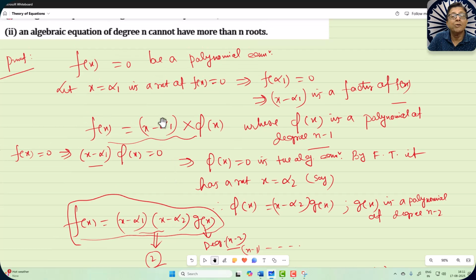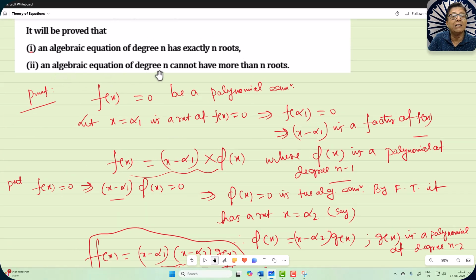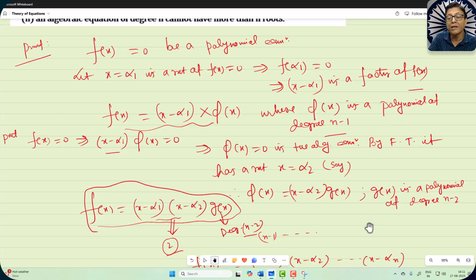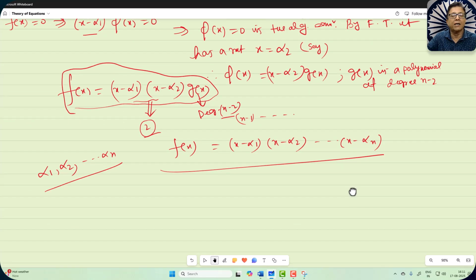Now, with this theorem, we are going to establish that an algebraic equation of degree n cannot have more than n roots. How can we establish that? You assume that beta is the n plus 1th root of f(x) equal to 0.